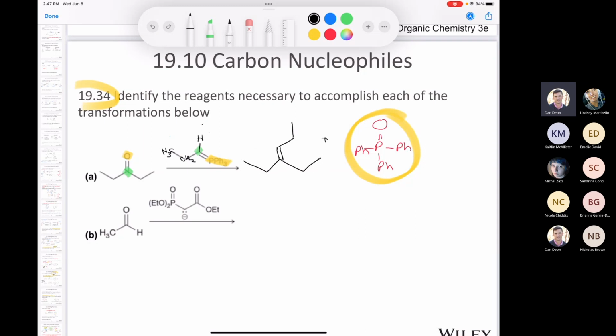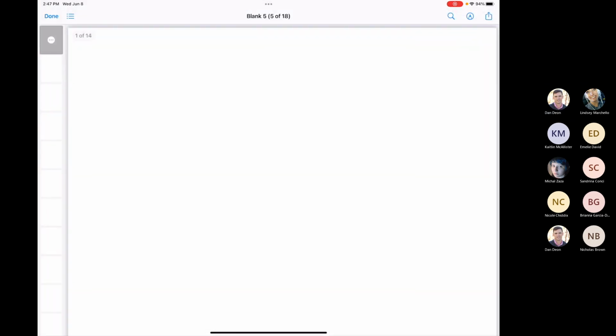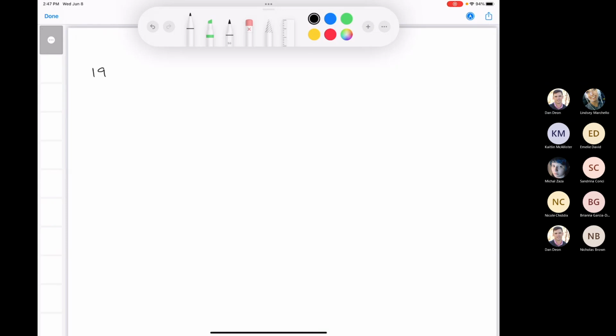Now, if you wanted to practice the mechanism for this reaction, what you want to do is draw the carbonyl. I'm just going to change the conformation of the compound a little bit, like this, and then you want to draw your ylid like this.